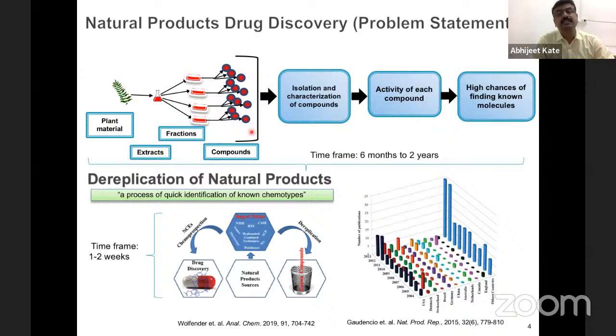when these things were going on in industry and academia, parallelly there was an improvement in the analytical tools and analytical understanding. Hyphenation techniques evolved. Hyphenated technique means you are combining HPLC with a mass spectrometer, that is called LCMS.